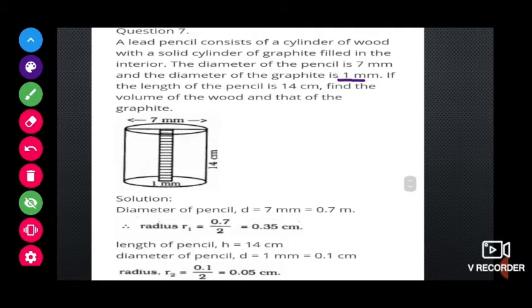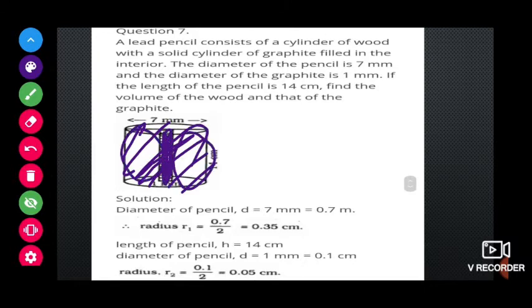They have given separately the diameter of the pencil, 7 mm, and the diameter of the graphite, 1 mm. So by using both diameters we can find the volume of the total pencil and the volume of the graphite. If I want only the wood part, then the total volume minus the graphite part gives the volume of the wood.